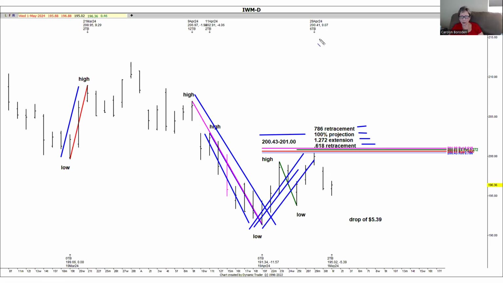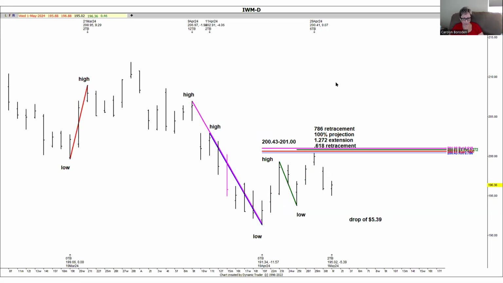Looks like 200.41, so just short by 2 pennies was the resistance. It hit, it held, it would have triggered, and when I took the snapshot, it was a drop of $5.39, which is not bad for a trade in IWM.